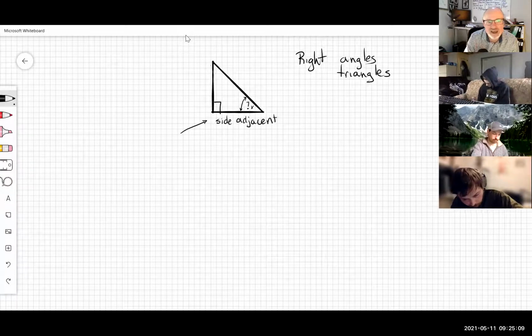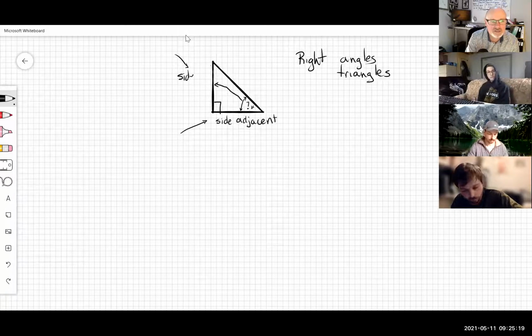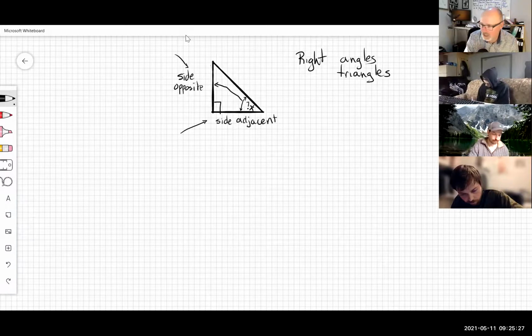This would be the side adjacent to this angle. This line right here would be the side opposite, and it is the side opposite of this angle here.